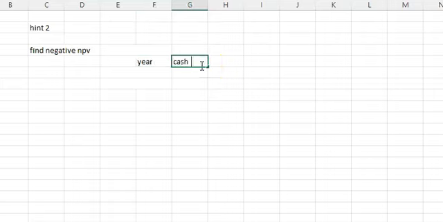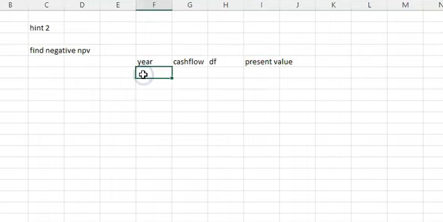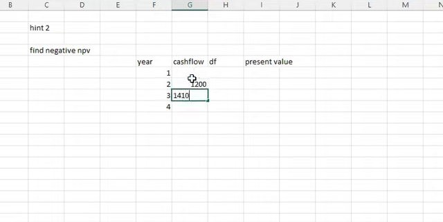cash flow, discount factor, present value. So the years is still the same. 1, 2, 3, 4. The cash flows are still the same. Year 1, year 2, year 3, year 4.